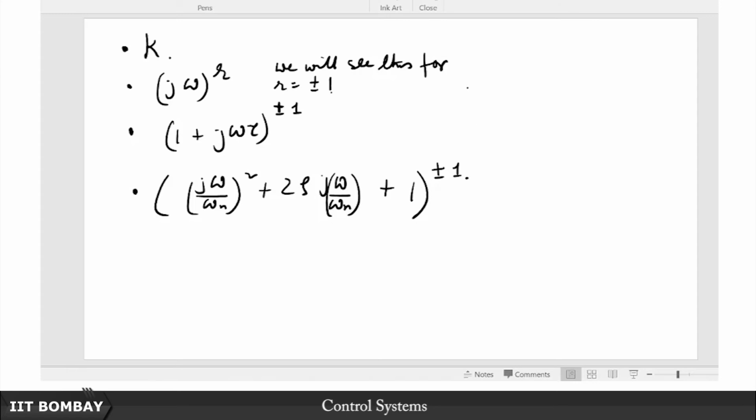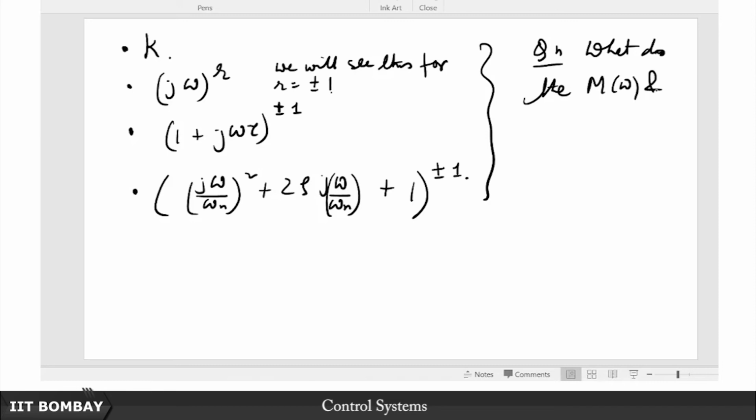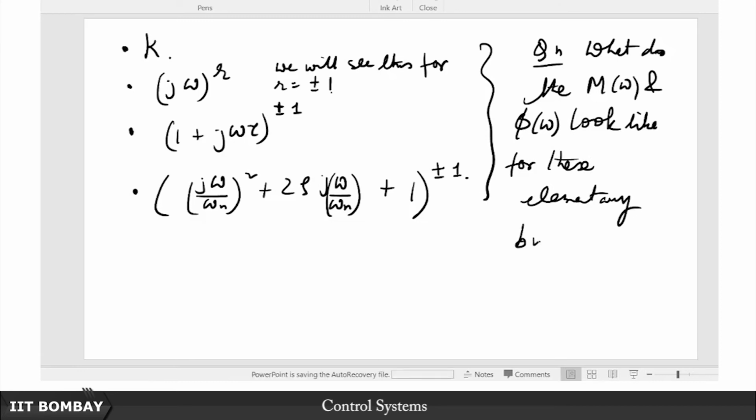So the hope is we want to answer the question: what do M(omega) and phi(omega) look like for these elementary building blocks? Why are we interested in answering this question?